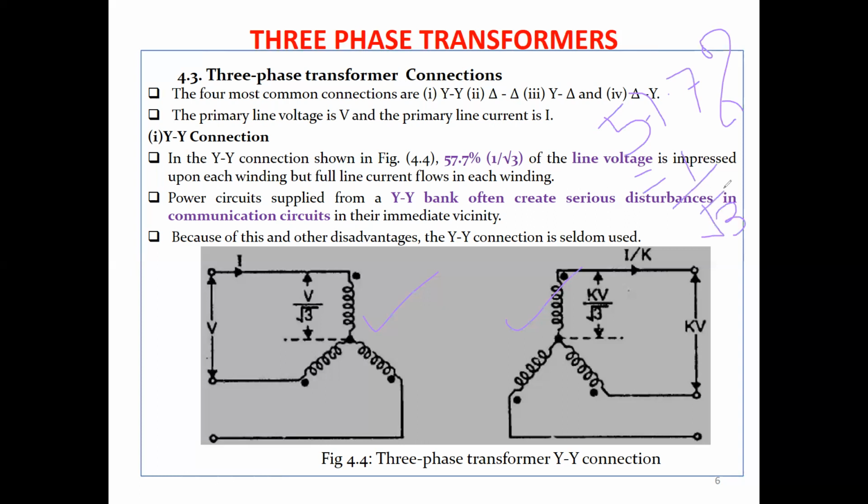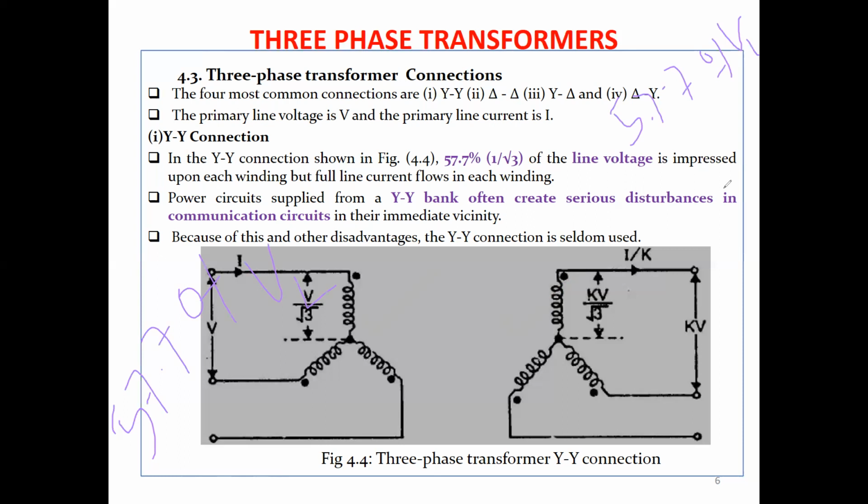That is the same as 57.7% of the line voltage VL. 57.7% of VL, the line voltage, is impressed upon each winding, but full line current flows in each winding.